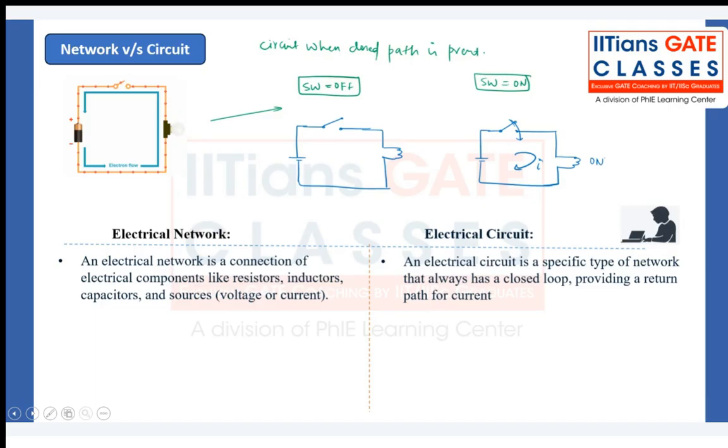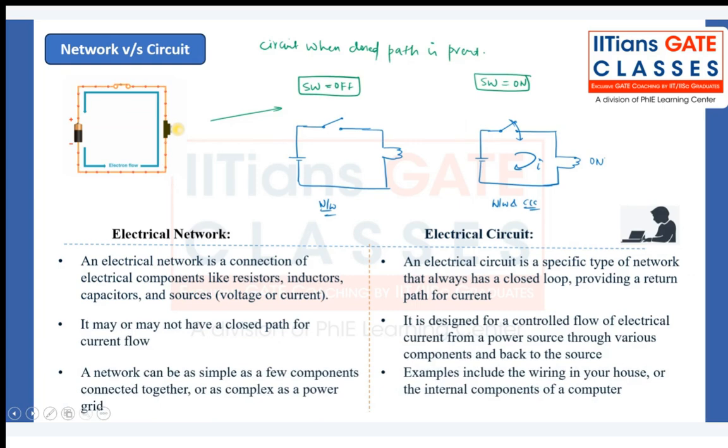Can I say every circuit is a network? Yes. Can I say every network is a circuit? No, that is not correct, so vice versa is not correct. This is your network, and this is both network and circuit. So these are the basic definitions.